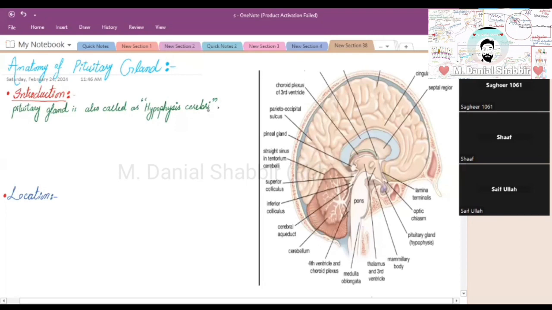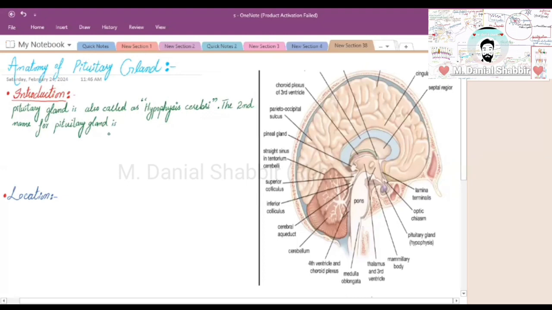Next, the second name for the pituitary gland is master gland.